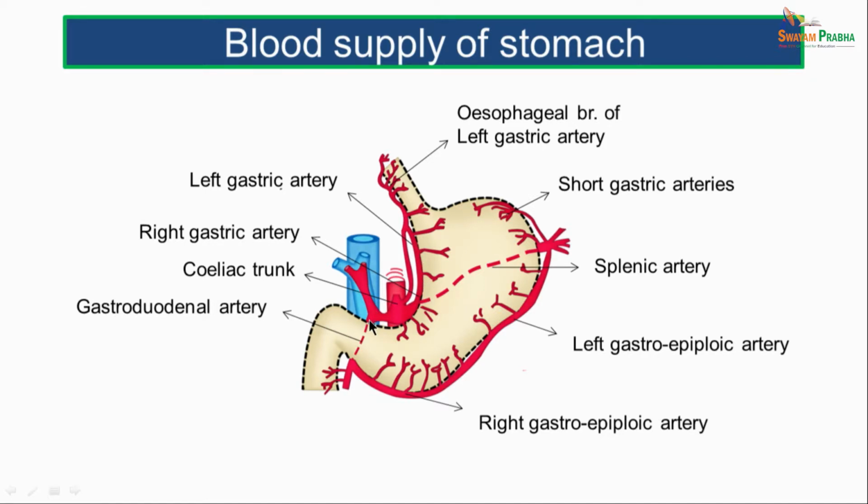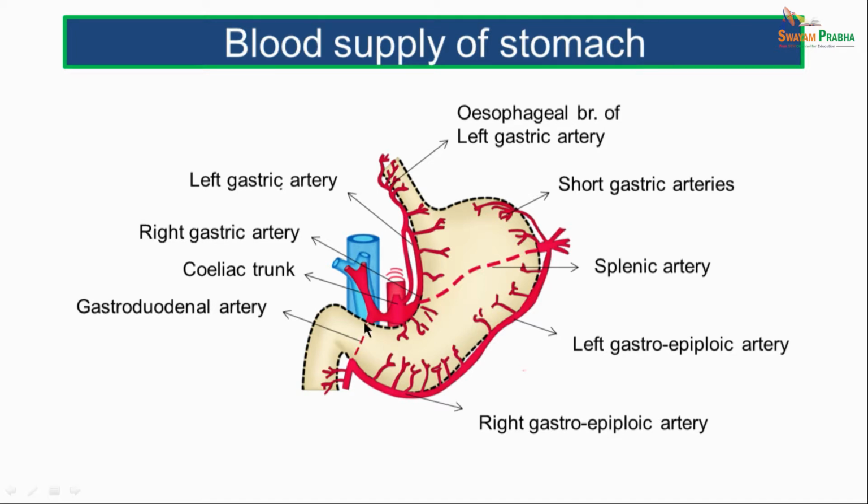The gastroduodenal artery goes behind the pyloric antrum and gives out the right gastroepiploic artery which enters the lower part of the greater omentum and supplies the lower 1/3 of the surfaces of the stomach near the greater curvature. The right gastroepiploic artery anastomoses end to end with the branches of the left gastroepiploic artery.